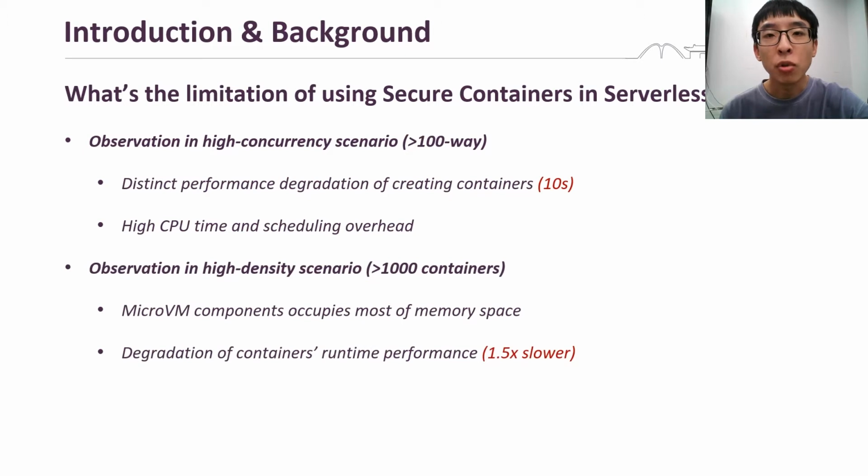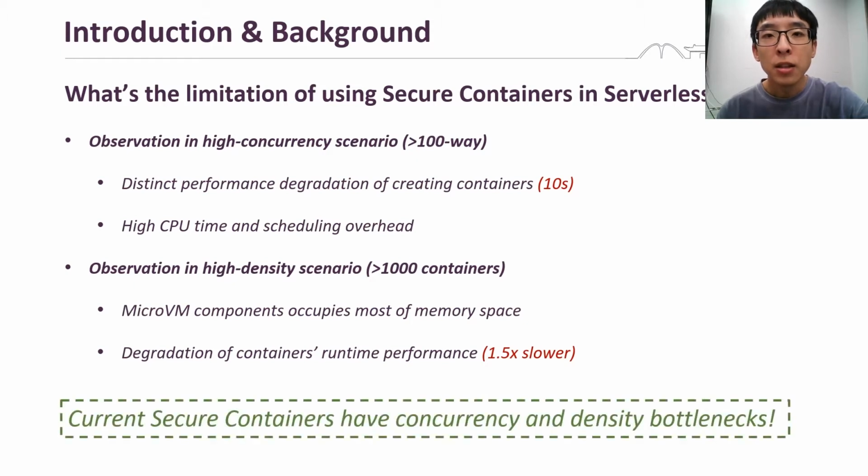When deploying more than 1,000 Kata containers, the microVMs' memory footprint already occupies most of the memory space. If we start a new container now, it will take 1.5 times as long to create. These observations indicate that current secure containers have concurrency and density bottlenecks in serverless computing.